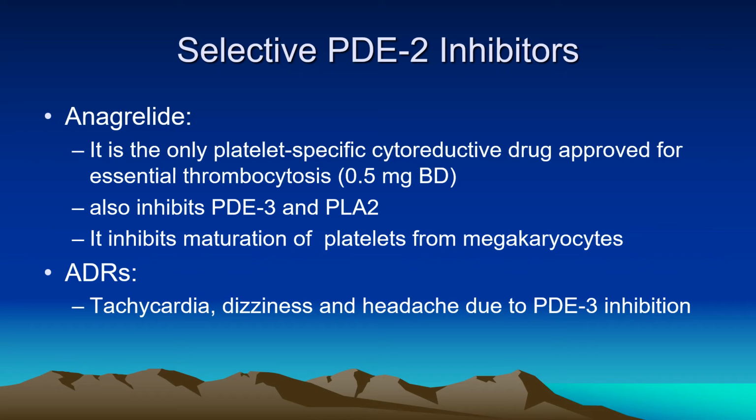It not only inhibits phosphodiesterase 2 but also inhibits phosphodiesterase 3 and phospholipase A2, which is involved in generation of prostaglandins. Now the drug inhibits maturation of platelets from megakaryocytes, therefore the number of platelets decreases.